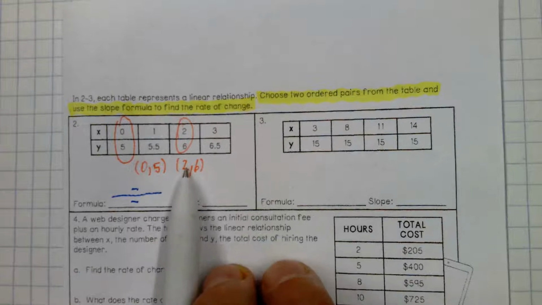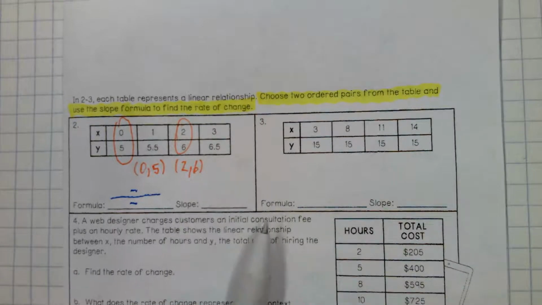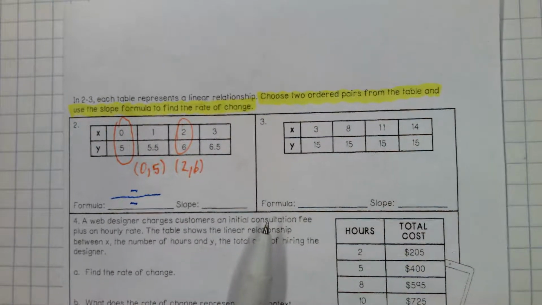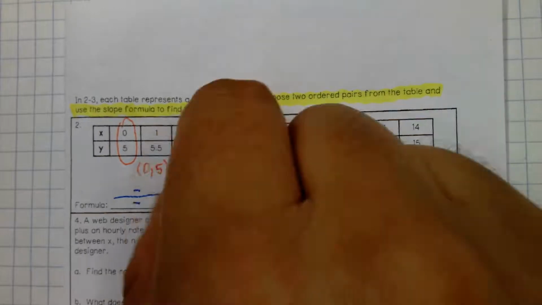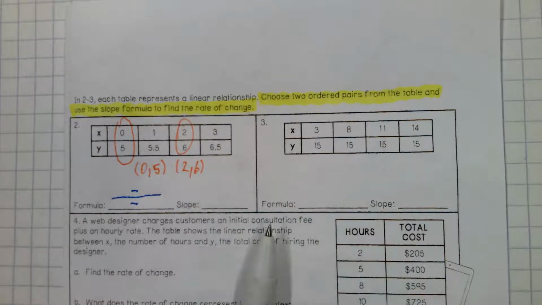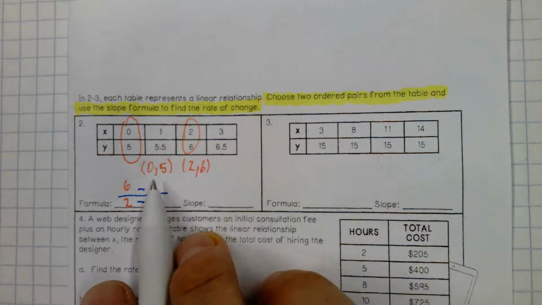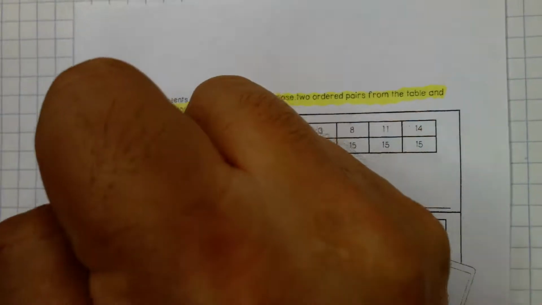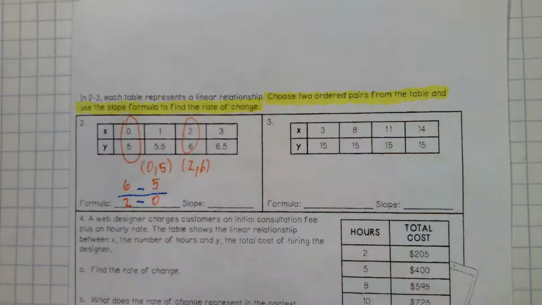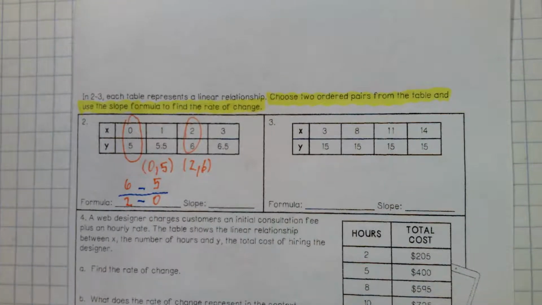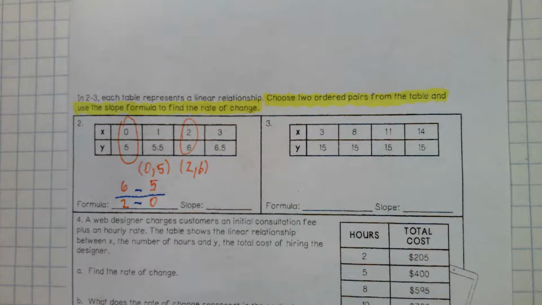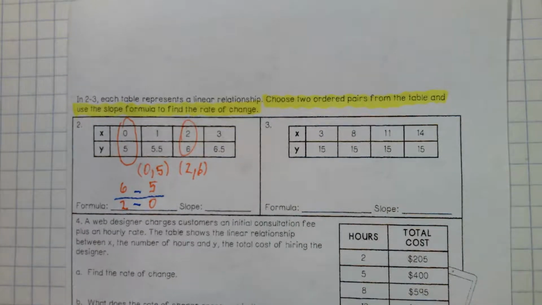You take the second one, 2, 6, and imagine rotating it 90 degrees counterclockwise so that 6 is on top and 2 is on the bottom. They go here, 6 and 2. And then you do the same thing to your first ordered pair. Okay? So that would be 5 on top, 0 on the bottom. And then we subtract the numerator, denominator, and see if we have to simplify.